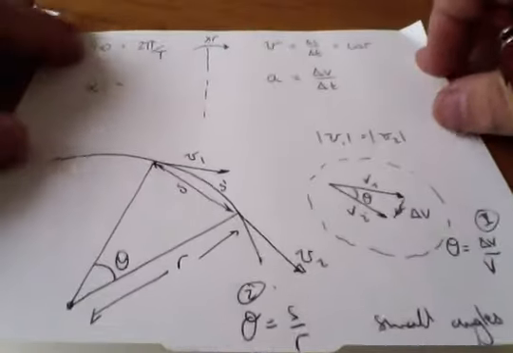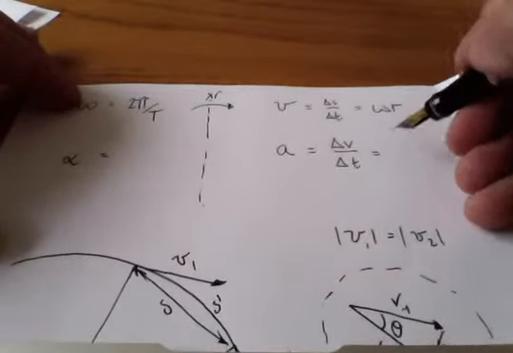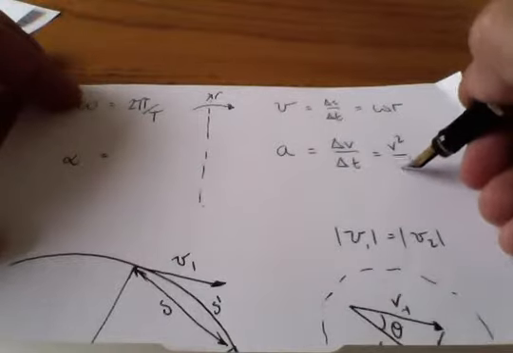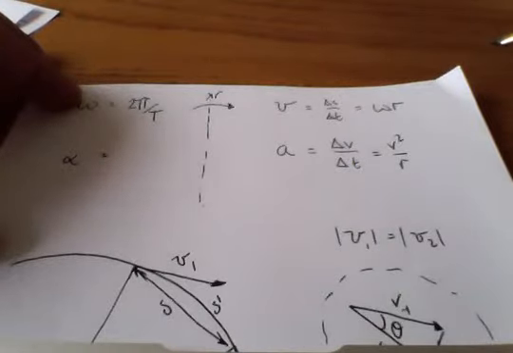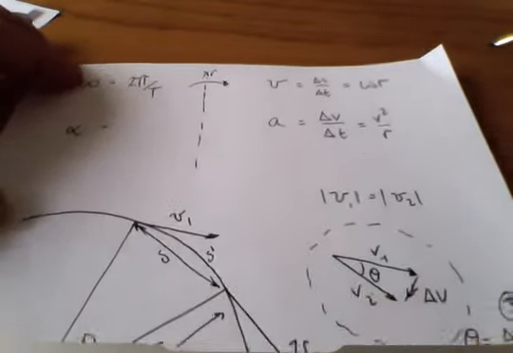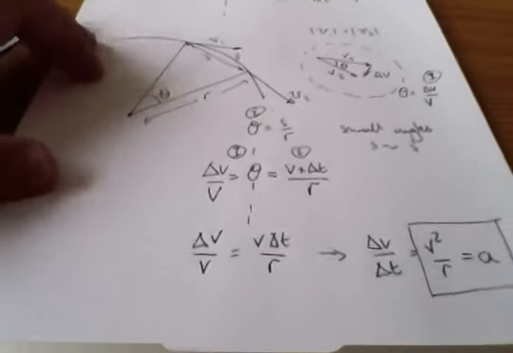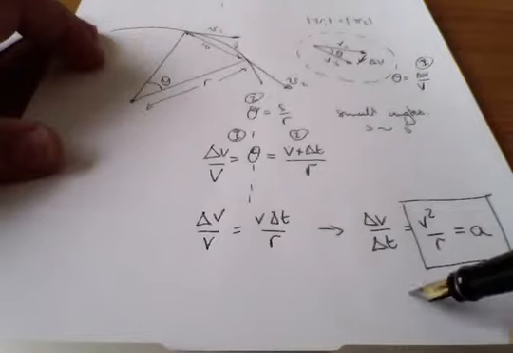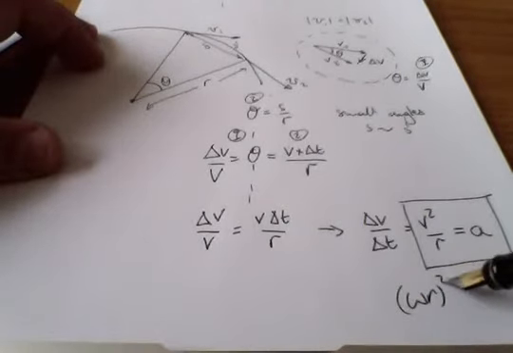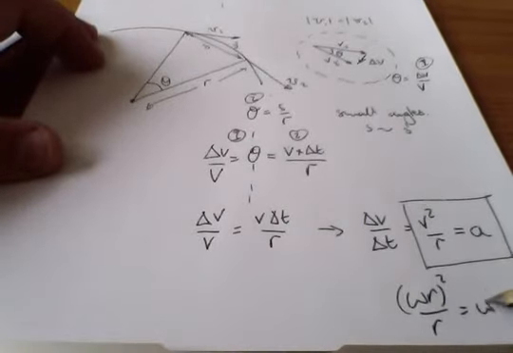Good. So this is equal to v squared divided by r. We can also say, if I replace velocity with omega r, all squared, divided by r, that gives us omega squared r is the acceleration.